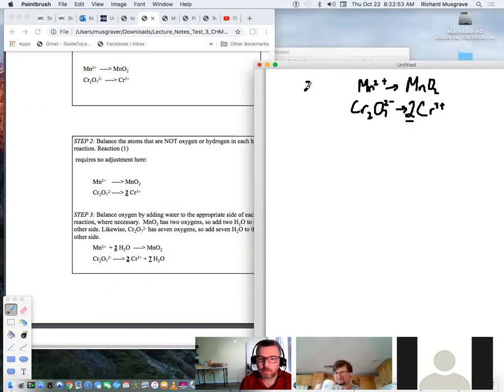So I need to put 2 H2O on the reactant side to balance out the oxygens. On the other one, we've got 7 oxygens versus 0, so I added 7 waters to the other side. I'm going to stop there for a second. Does anybody have any questions about how I'm balancing the oxygen by adding water?